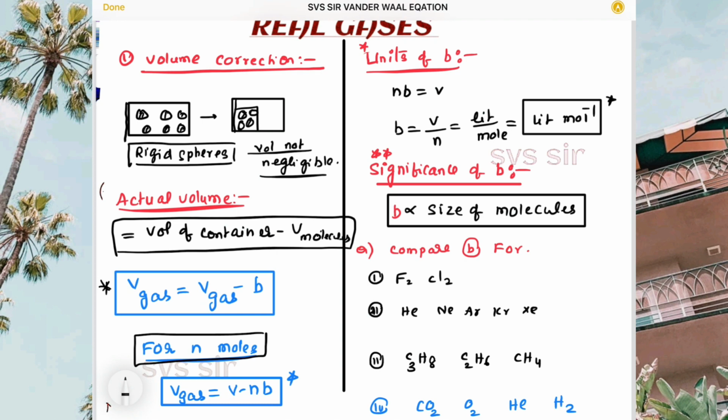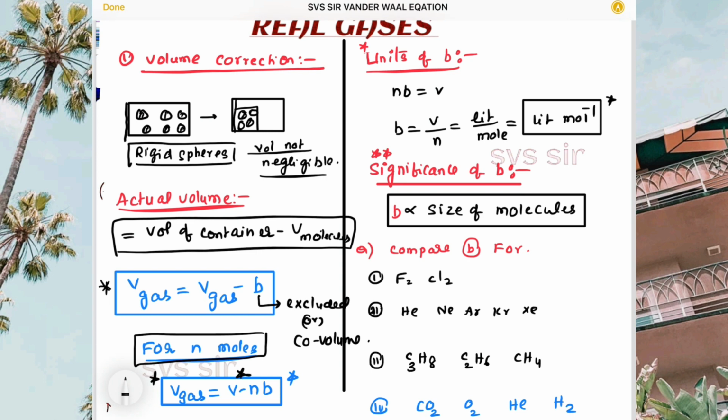And there is a very important point. What is b? b is called excluded volume or co-volume. Very important. So volume of the gas equals V - nb.